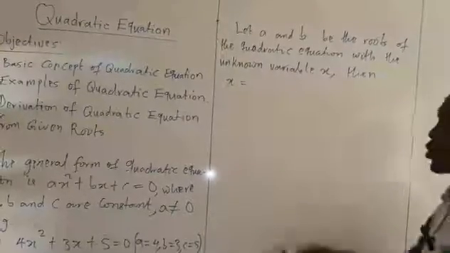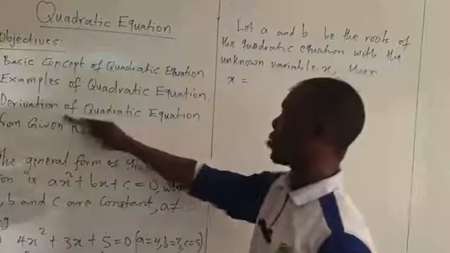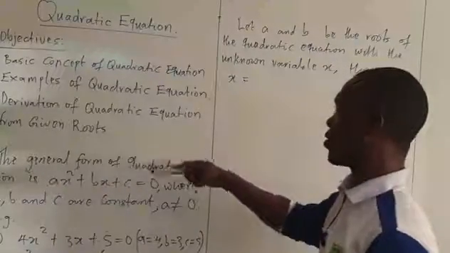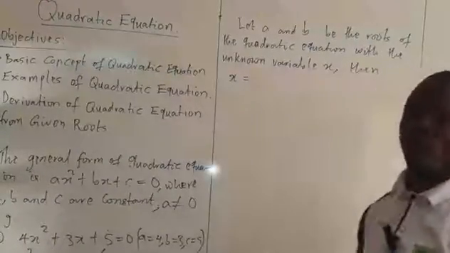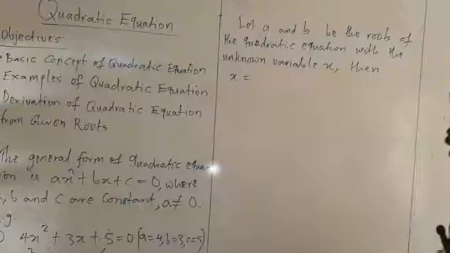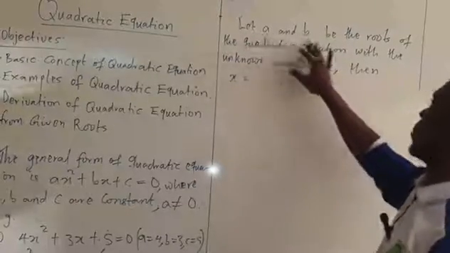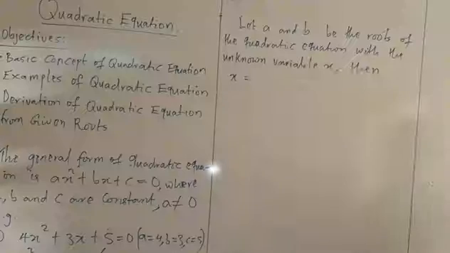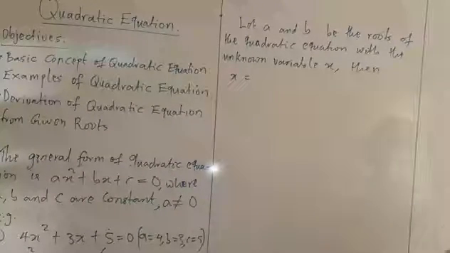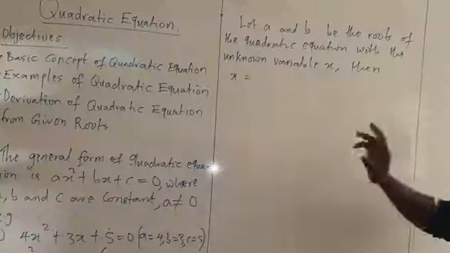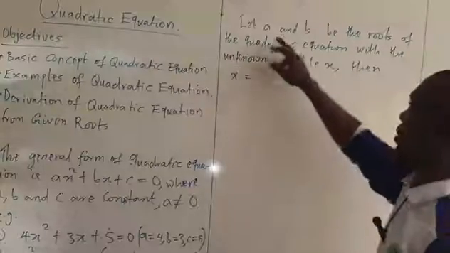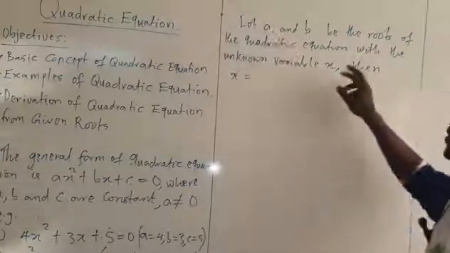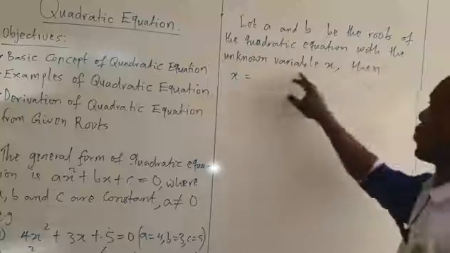So the next thing to do is to prove or to derive an equation on how to get the quadratic equation from given roots. And to do that, we are going to let A and B be the roots of the quadratic equation. So I've told you we are going to have two answers. So let the set of two answers be A and B of the quadratic equation with the unknown variable x.